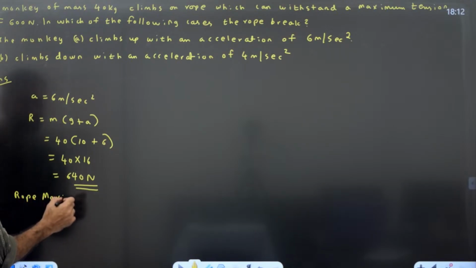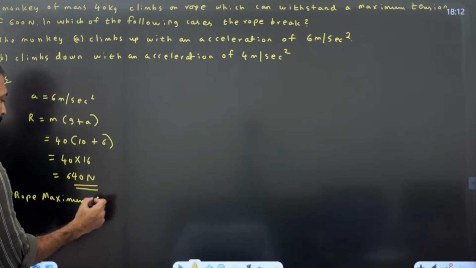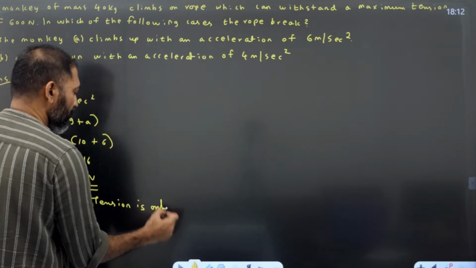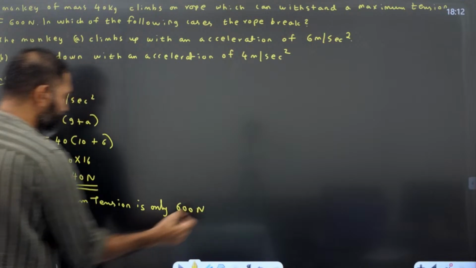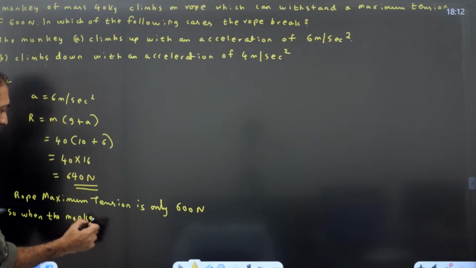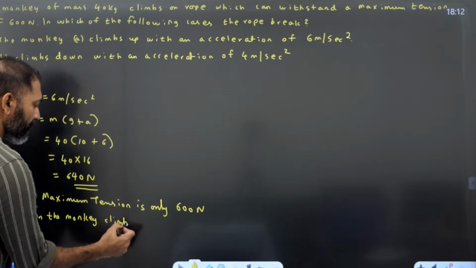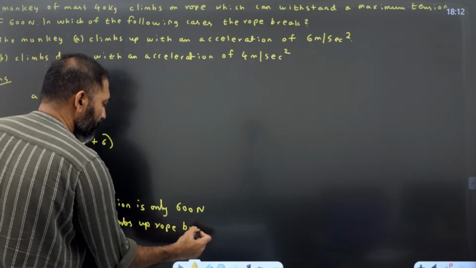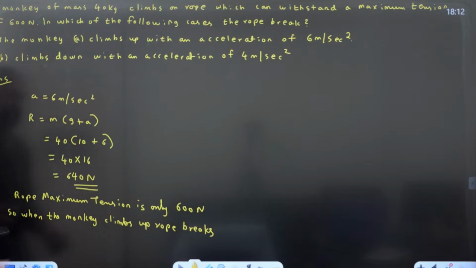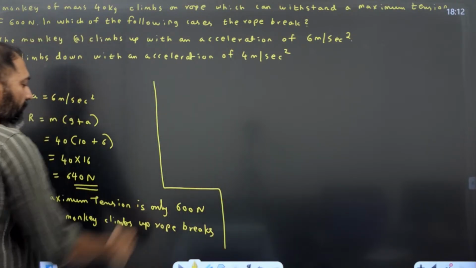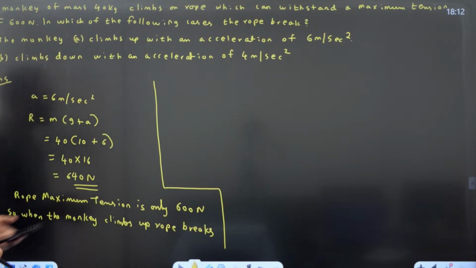Maximum tension is only 600 Newton. So when the monkey climbs up, the tension becomes 640 Newton, but the rope can withstand only a tension of 600.